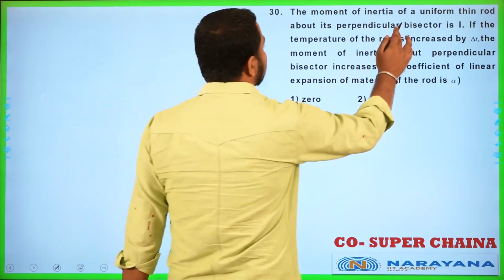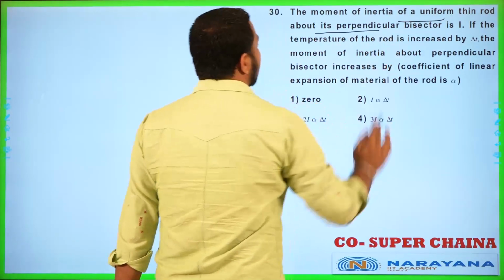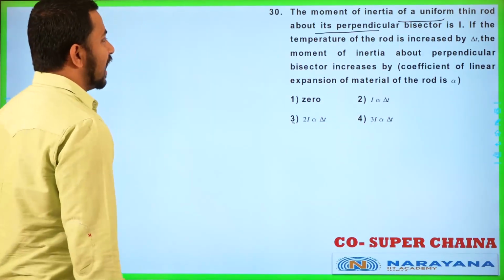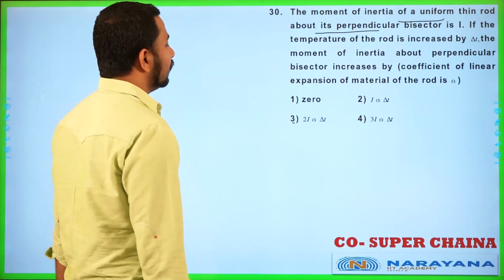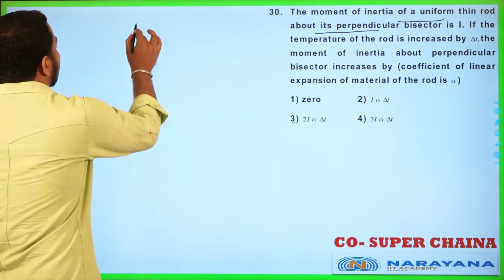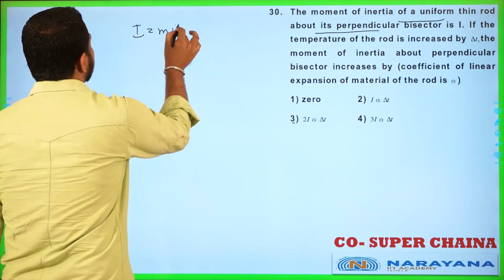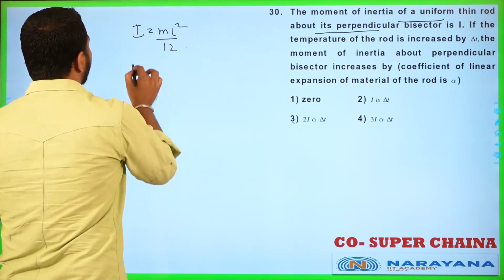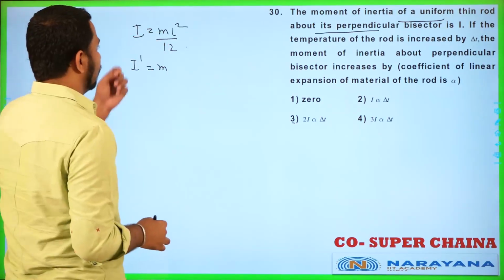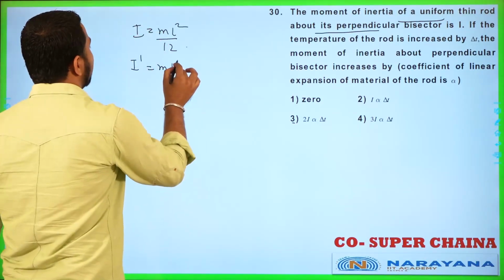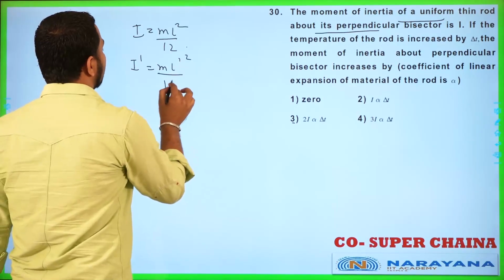The moment of inertia of a thin rod about its perpendicular bisector is I. If the temperature of the rod is increased, you have to find this. So the moment of inertia, we know, is ml square by 12. Now the rod is given a temperature, so this l will change, right?